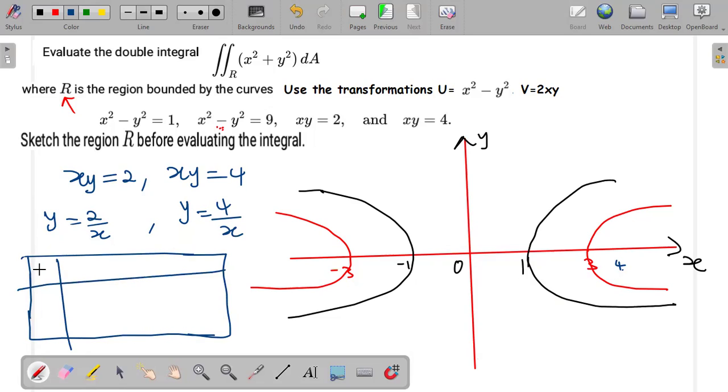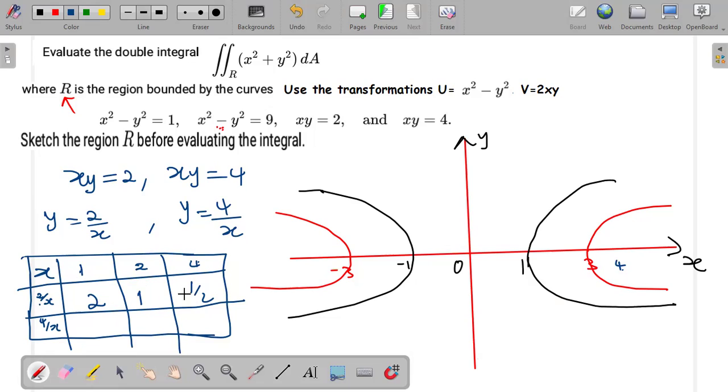I'll put x here, then y equals 2 over x, and down there y equals 4 over x. If my x is 1, and then if my x is 2, and then if my x is 4. If my x is 1, this will be 2. If x is 2, this will be 1. If x is 4, it will be half.